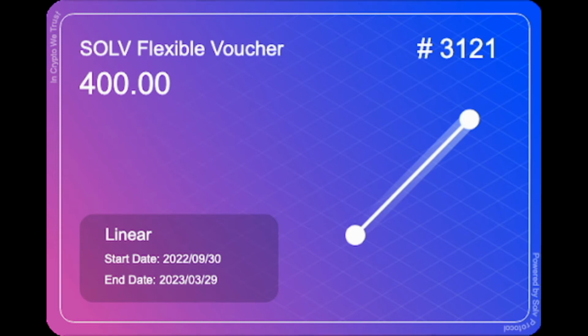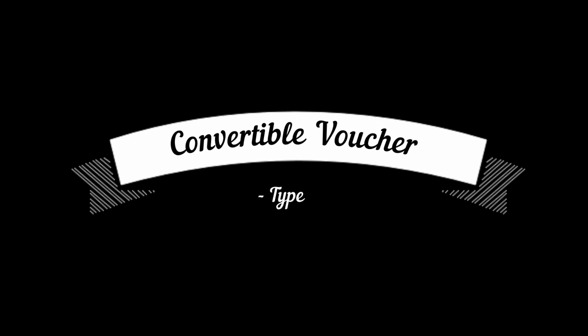And secondly is the convertible voucher. This one is quite complicated, so I'm going to explain it a little bit and then jump into the next part. It's a structured financial product. When you invest in such products, you can earn a certain interest, and also you are buying a call option and a put option.